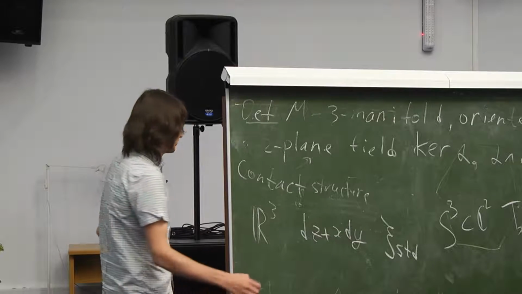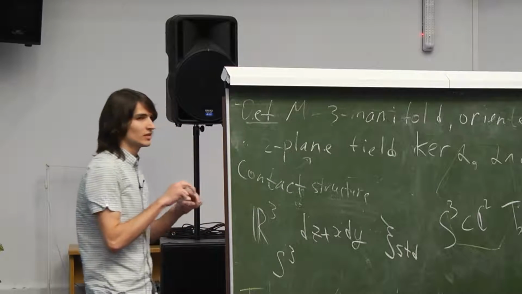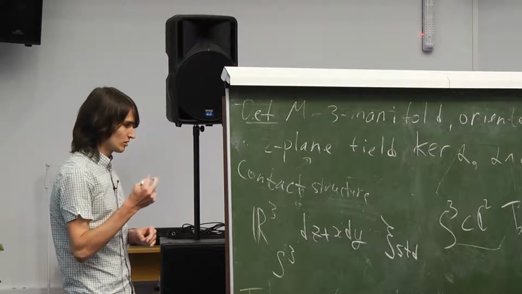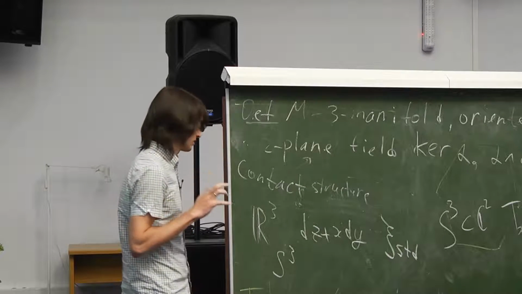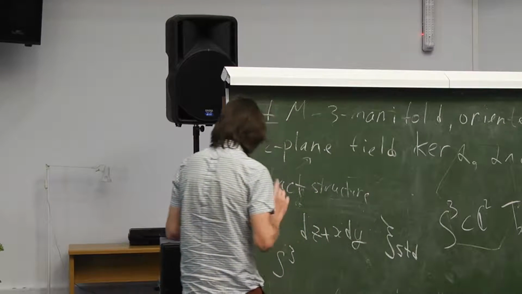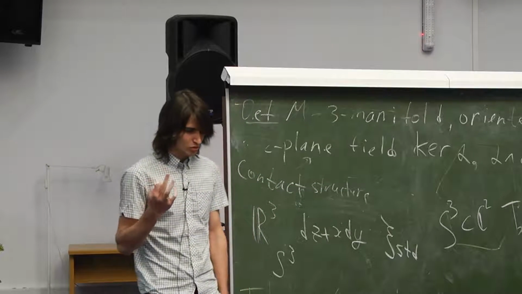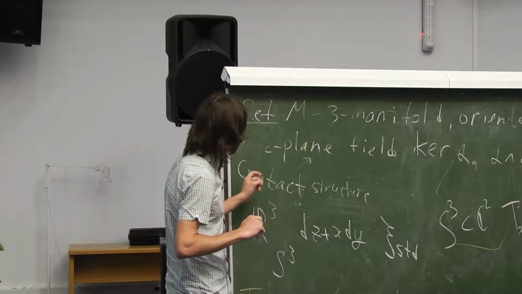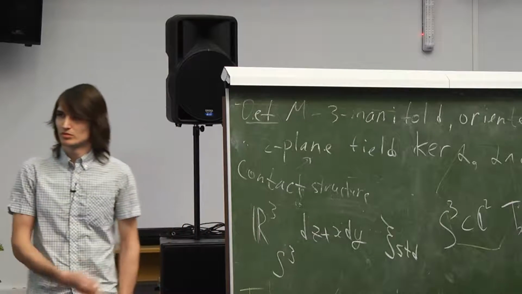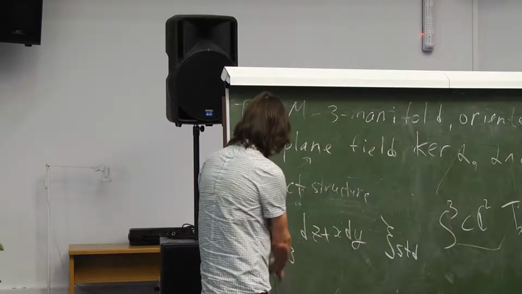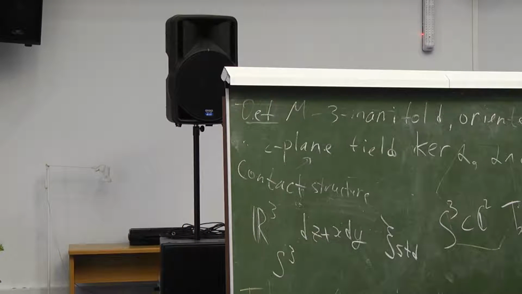For example, if you take S3, then in every homotopy class there is one contact structure, but in one homotopy class, the trivial homotopy class, there are two contact structures. One of them is xi standard. So for S3, the classification is done.